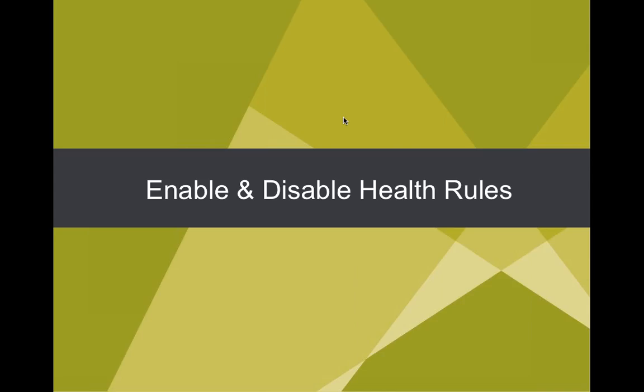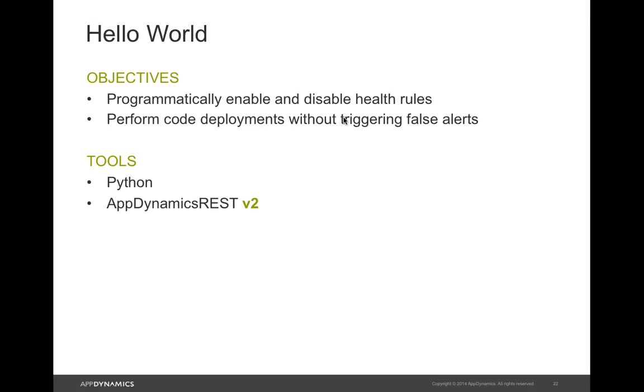So one of the use cases that people ask about a lot is, is there any way programmatically to enable and disable health rules or policies? And why would you want to do that? Well, if you have standard maintenance windows where you take the application down, you reboot the servers, maybe you have a code deployment scheduled, what's going to happen in AppDynamics, right?